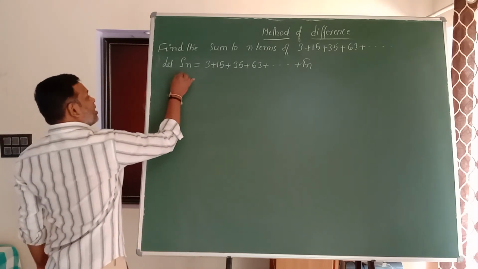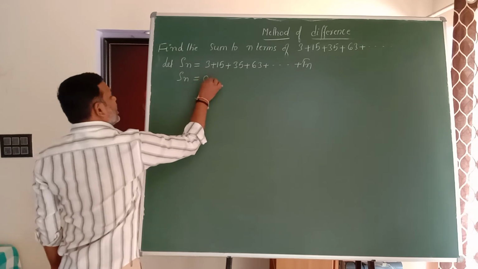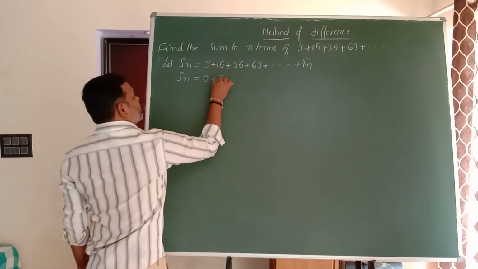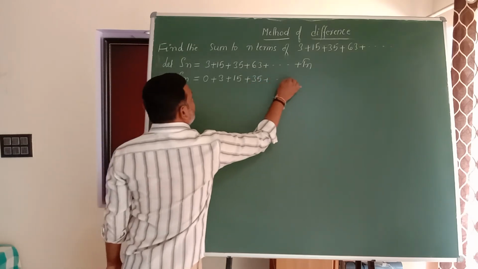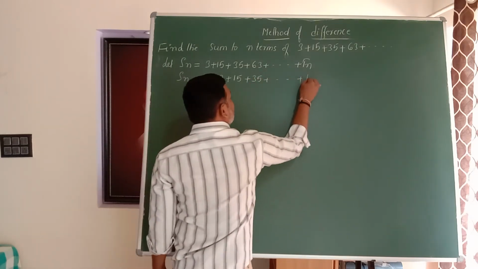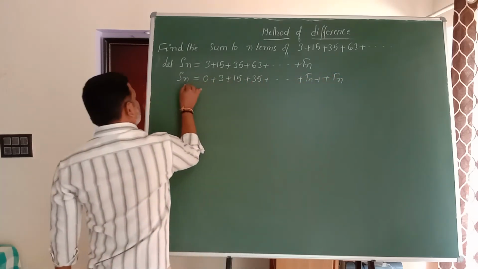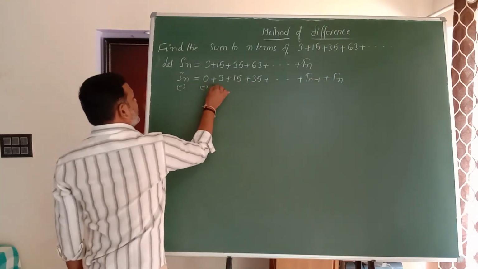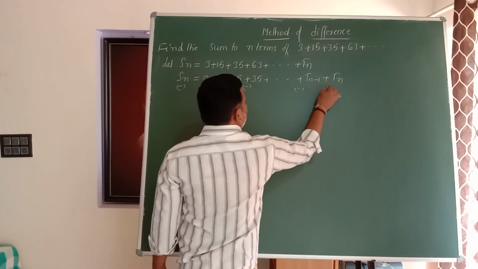Now, according to the method of difference, rewrite Sn: under the first term, write 0 and continue the series, 3 plus 15 plus 35 plus 63 up to Tn minus 1 plus the last term Tn. Now we have to subtract. This is what we call the method of difference.